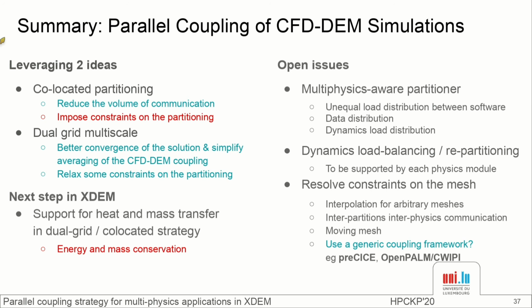To solve such issues, we are looking toward using a generic coupling framework, like, for example, preCICE or OpenPALM. They would solve a lot of issues, but they would also bring more constraints, and for example, they would make it difficult to use this collocated approach where we link the two libraries within the same executable.